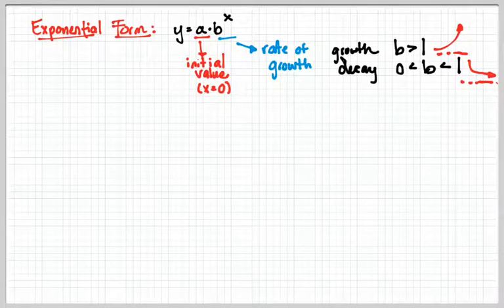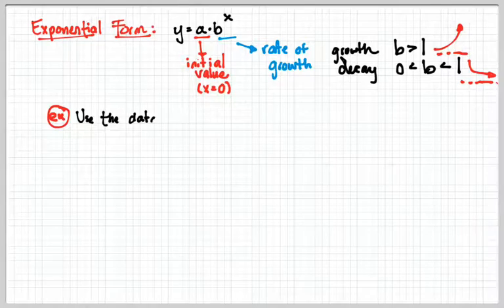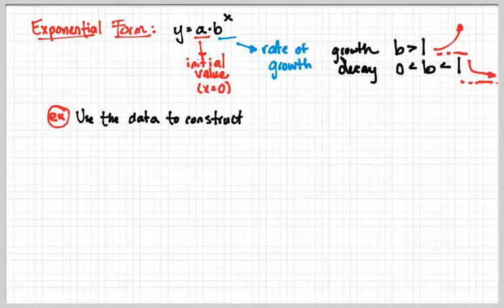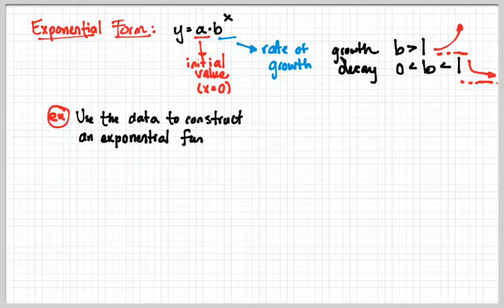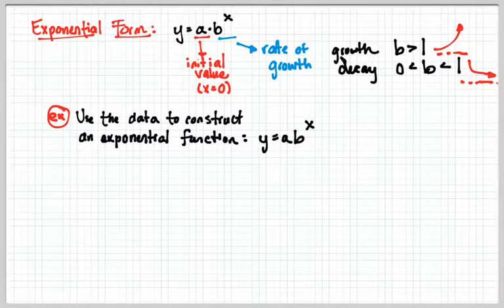Okay. So I'm going to go over one example of finding an exponential function and looking at finding the a and b. So use the table, or use the data to construct an exponential function, and the form of this will be y equals a times b to the x.